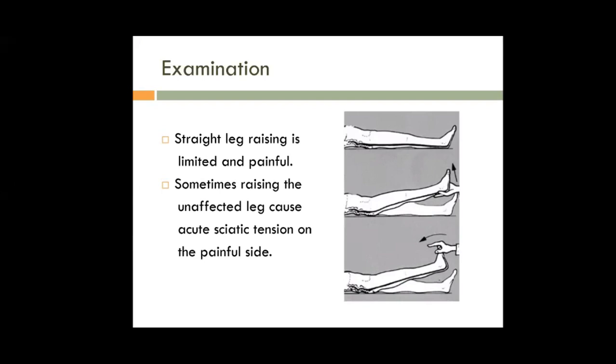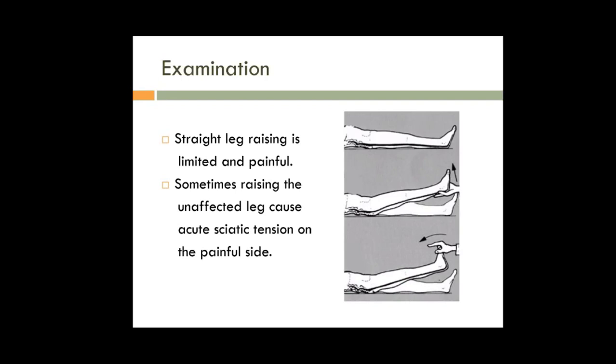But when you do straight leg raising, the pain must be between mostly 30 degrees and 70 degrees, and the pain must be in the gluteal region radiating to the back, or the pain directly in the back. Okay? Sometimes raising the unaffected leg will cause acute sciatic tension on the painful side.